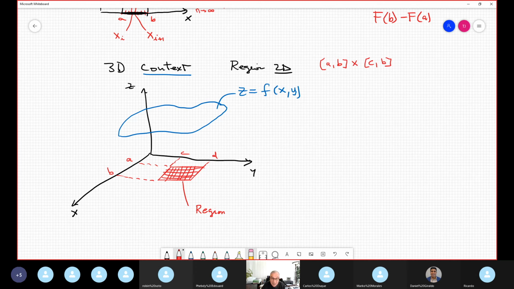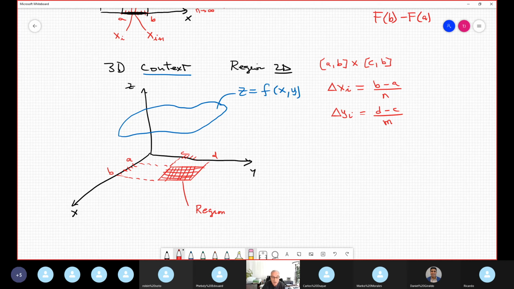And we have delta X i, which is B minus A divided by M, because in the x-axis you divide into M divisions. So you are doing the partition n times. Similarly, delta y j is D minus C divided by M. Not necessarily the same. If it is the same, it's okay. But here I am doing a different partition.